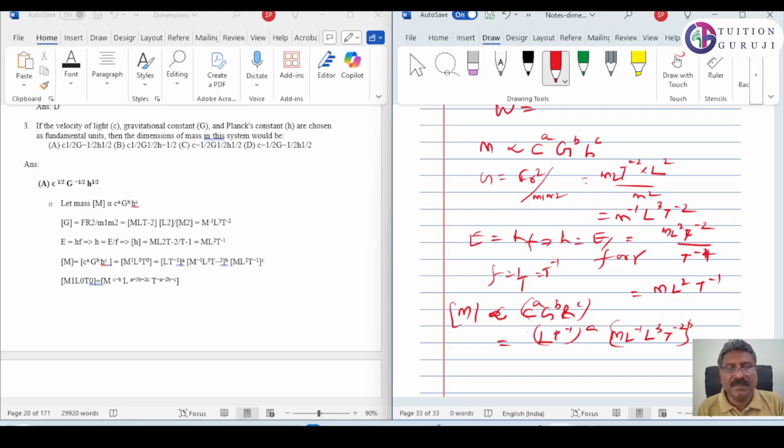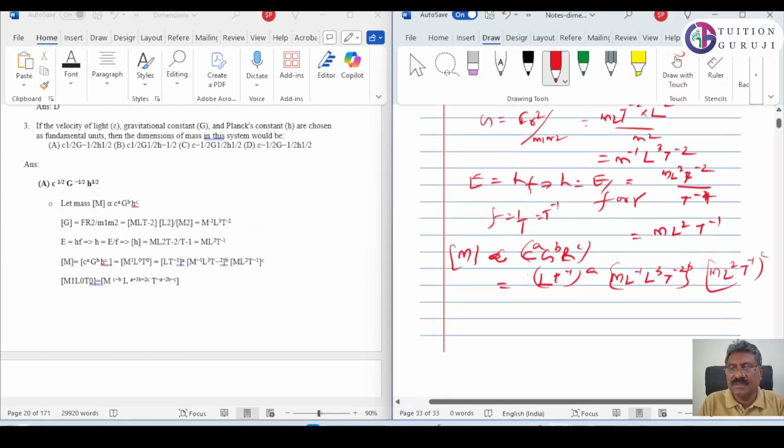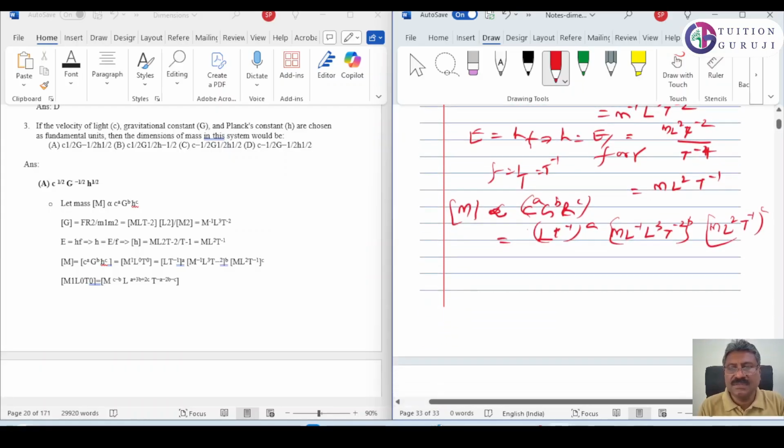Then Planck's constant is M L square T raised to minus 1, the whole raised to c. Which is equal to M raised to 1, L raised to 0, T raised to 0.